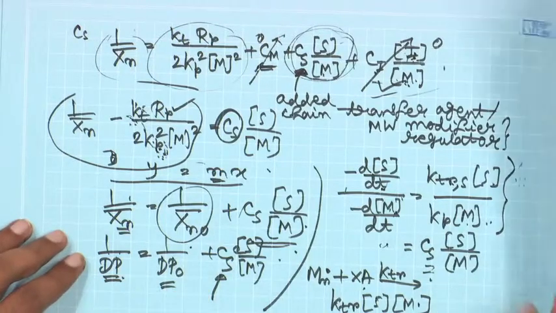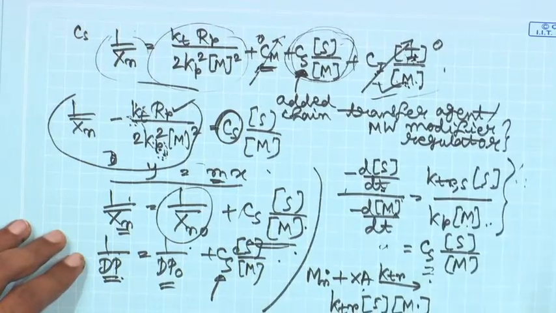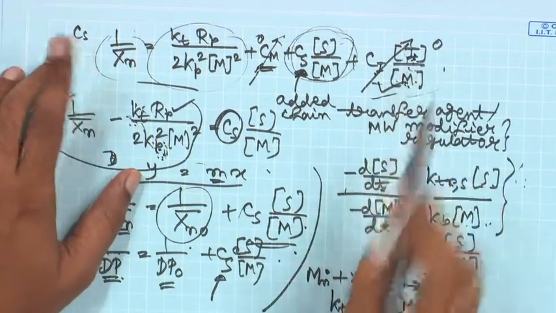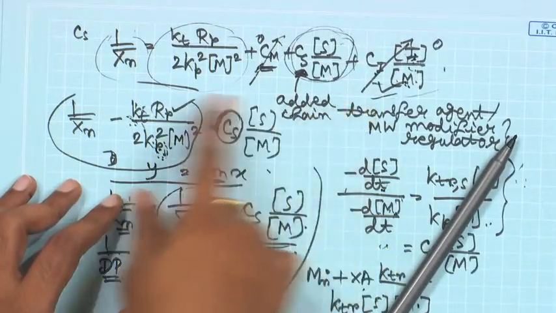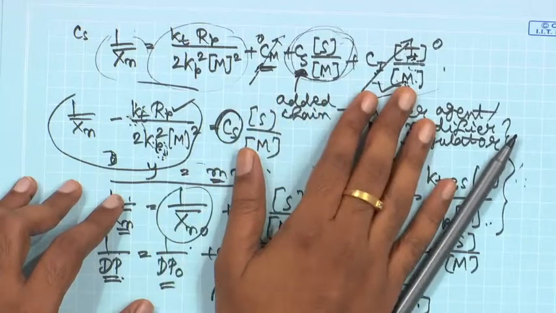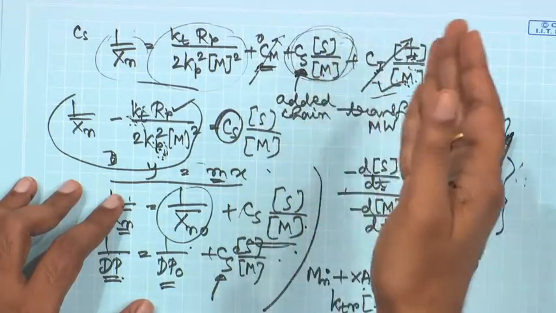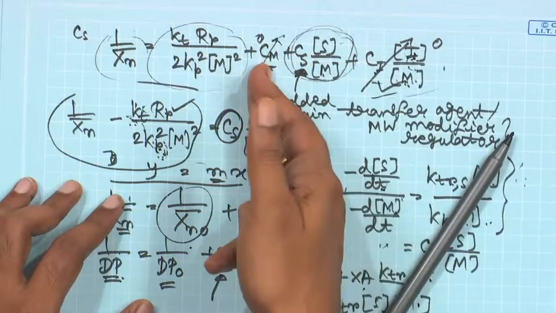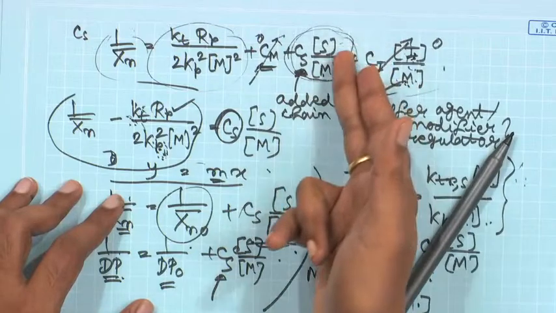So, we will finish this particular class by discussing finally the utility of this Mayo equation. As I told you several times before, this gives you a quantitative effect of the chain transfer reaction to different species. That species could be solvent, initiator, monomer, or an added chain transfer agent.